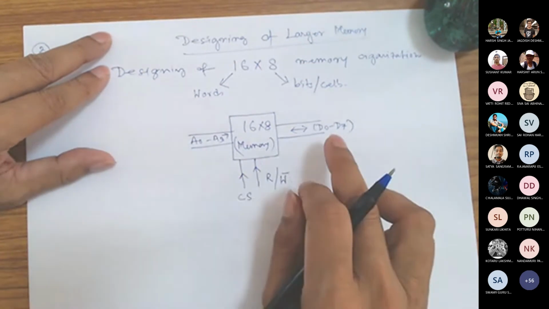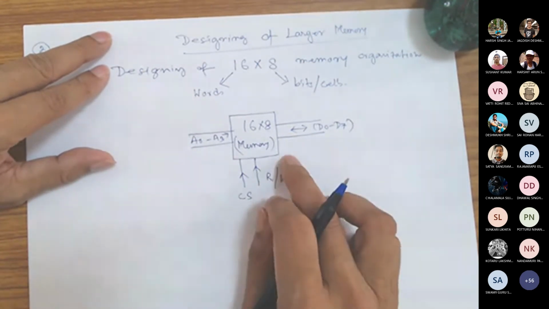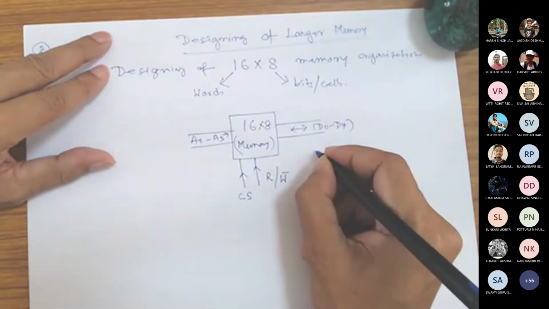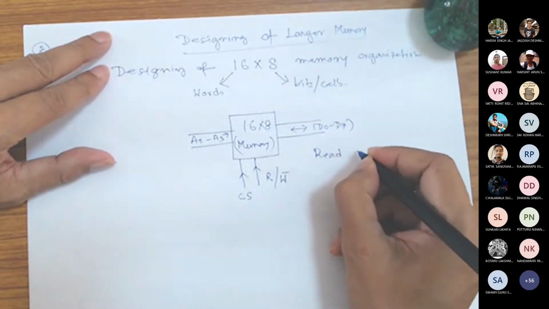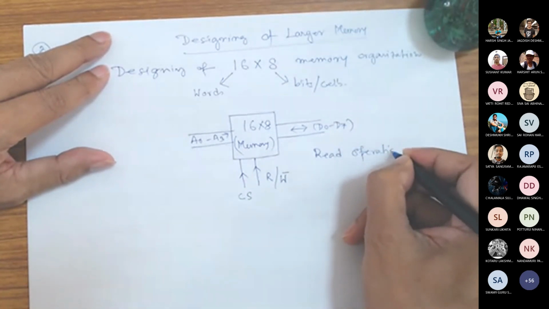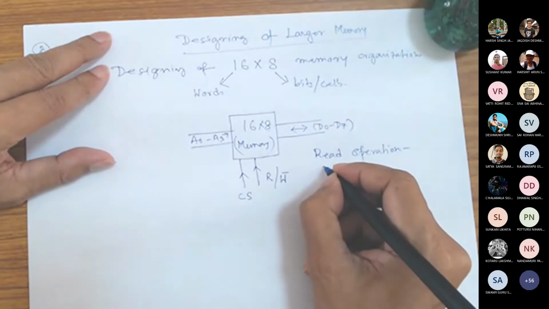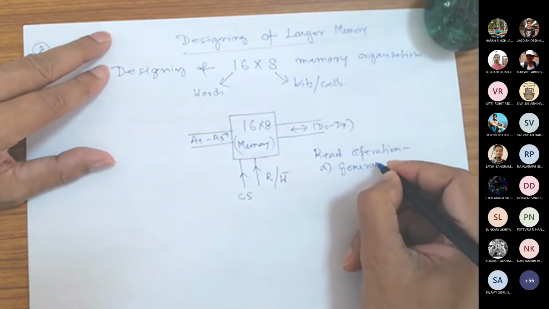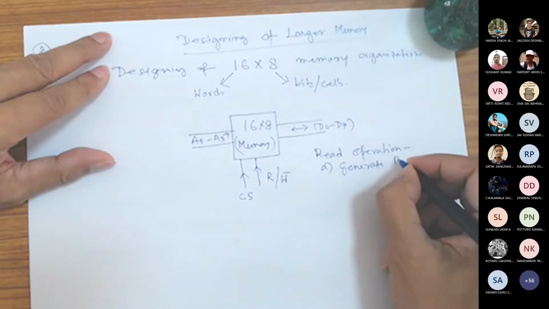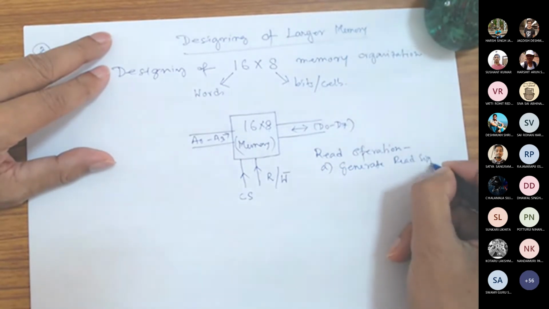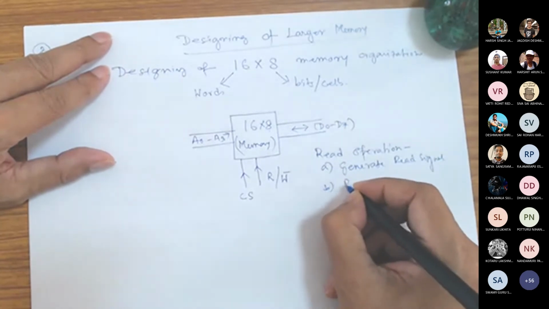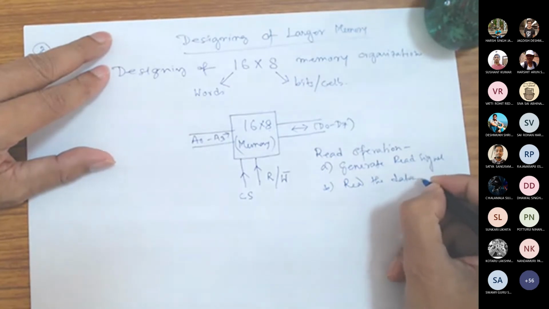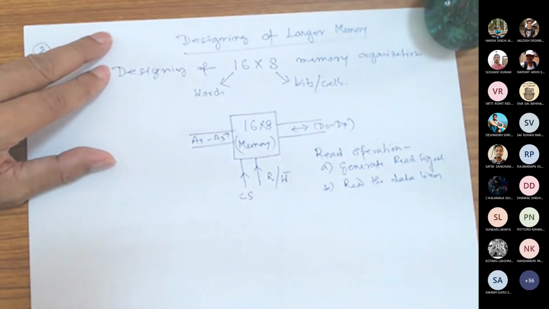Address line, bidirectional data, read write, and chip select. That's it. During the read operation, generate the read signal, then read the data lines. That is the read operation.